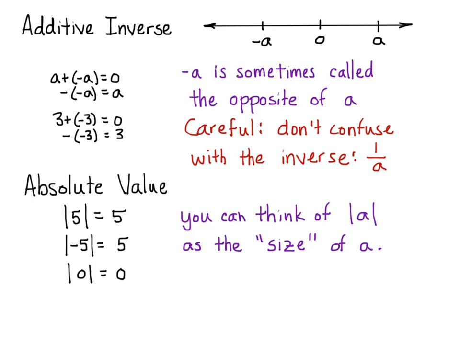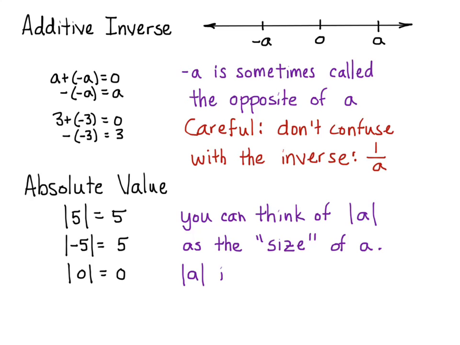But think of the absolute value as the size. When we deal with absolute value equations and how to manipulate them, if you think of it as looking at the size of a number that's inside of those two lines, that'll be a very helpful way to connect a physical meaning to what the absolute value is.